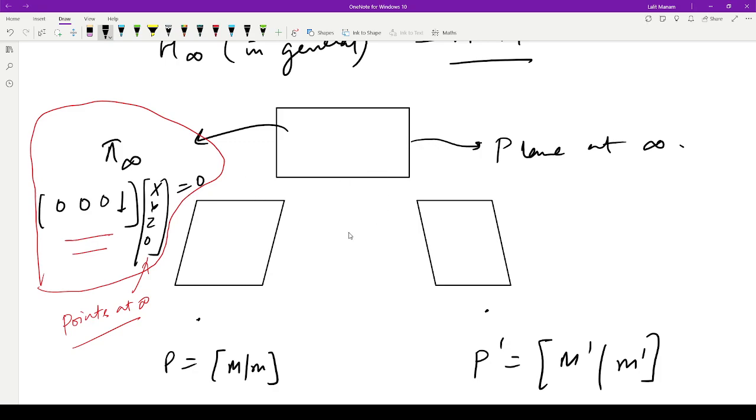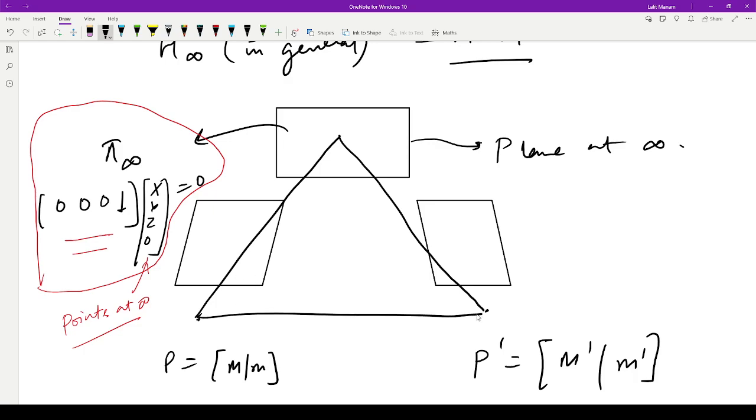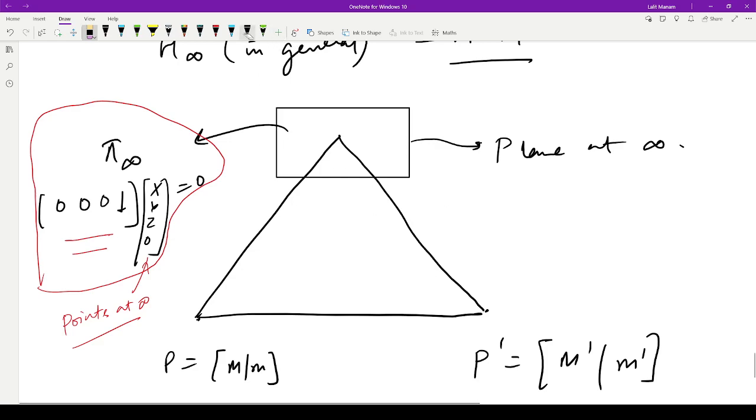Coming back. Since we have these things, I will remove these because these are problematic for my case.